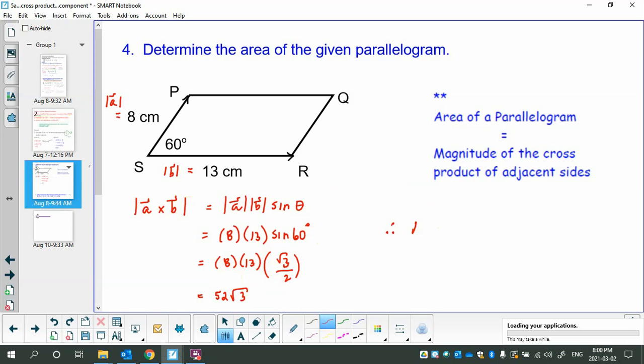So I can say area of parallelogram, legal short form in math, equals 52 root 3. Now we can do better than that, and the reason we can do better is because I actually gave you units here, and you know how to do area: that is centimeters squared, and we have our answer.